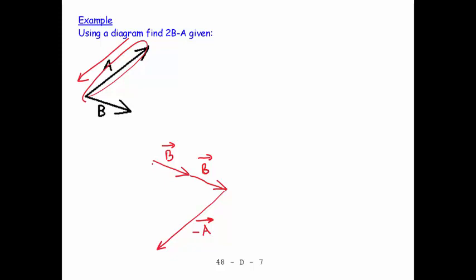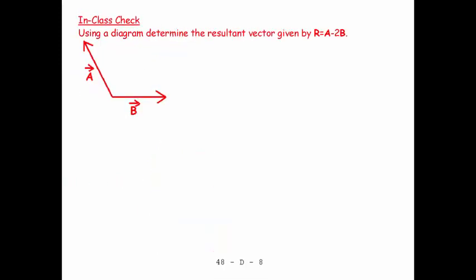So the resultant starts at the beginning of the beginning and ends at the end of the end, and so my resultant looks like that. My resultant equals that. They're really nice. Once you get the hang of them, they're really nice, and they encourage you to think visually, which is always a good thing.